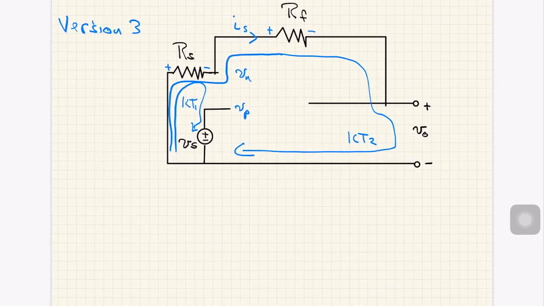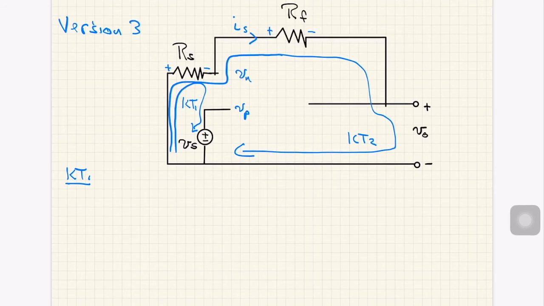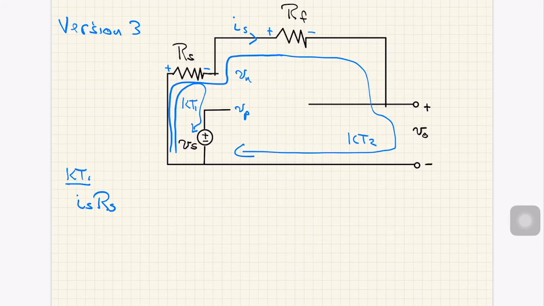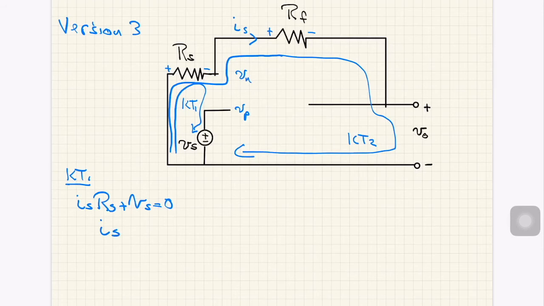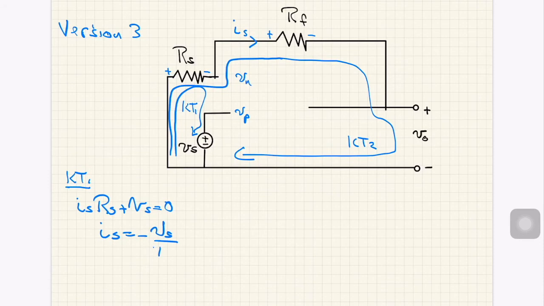So now I can do the same thing as before. KT1, write down the expression for that, and that's our IS times RS plus VS equals 0, from which we write the somewhat hopefully familiar by now term of minus Vs over Rs.